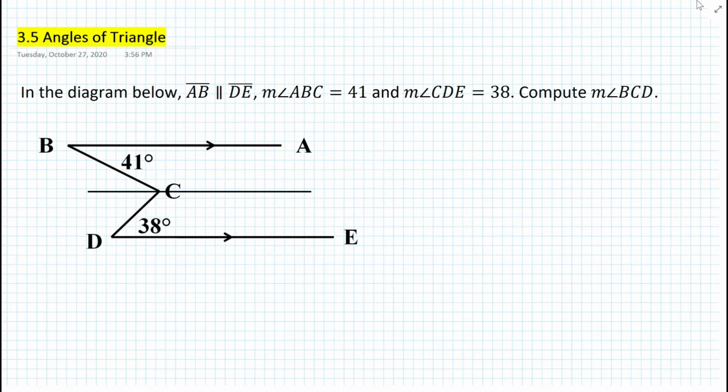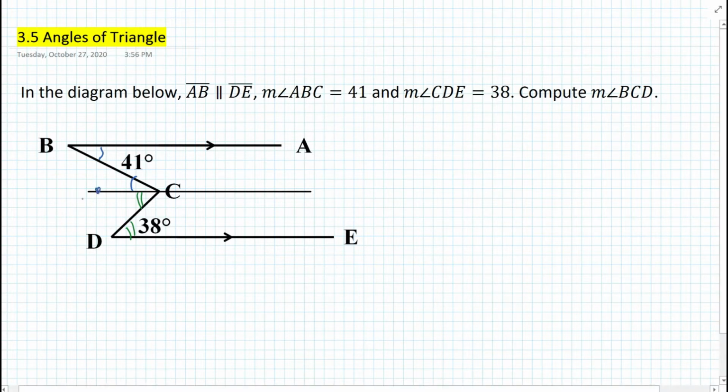Now, according to this diagram, we can now refer to alternate interior angles. For example, this angle and this angle are alternate interior angles, and also we have this angle and this angle here that I'm drawing also to be alternate interior angles. So if angle ABC is 41 degrees, then what is angle BCF?